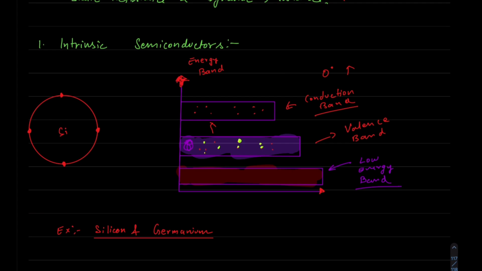Vacancies, we can say. Holes are just like imaginary particles, and you cannot even call them particles, to be honest. They're basically what we define to make our life easier in electronics, when we're studying electrical engineering or any such related field.